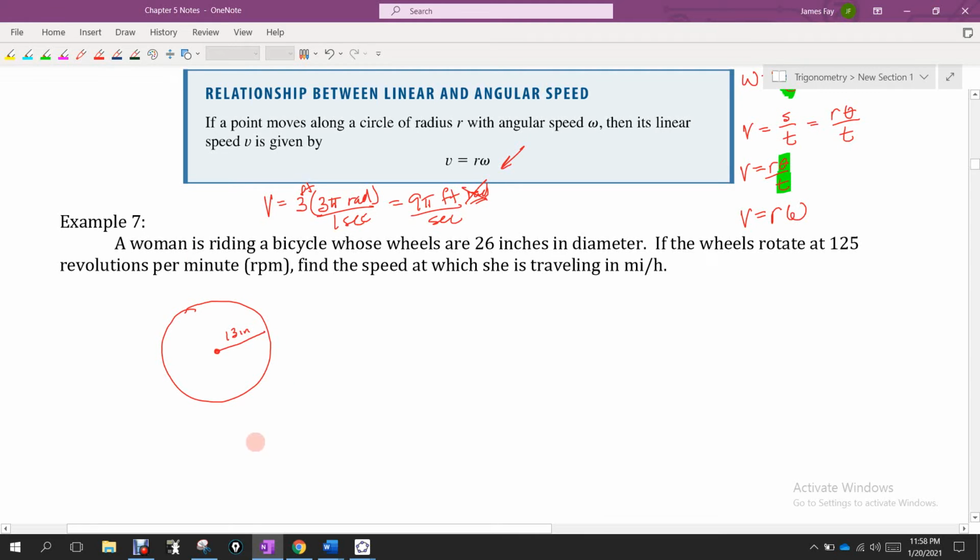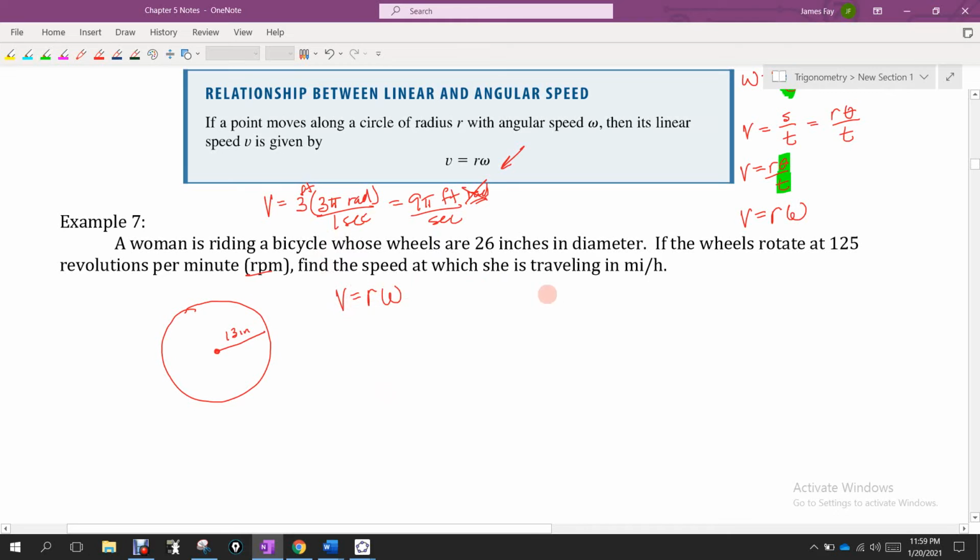It says if the wheels rotate at 125 revolutions per minute, okay, RPMs, find the speed at which she is traveling in miles per hour. So what they're asking for here is the linear speed. Linear speed is equal to R times omega.